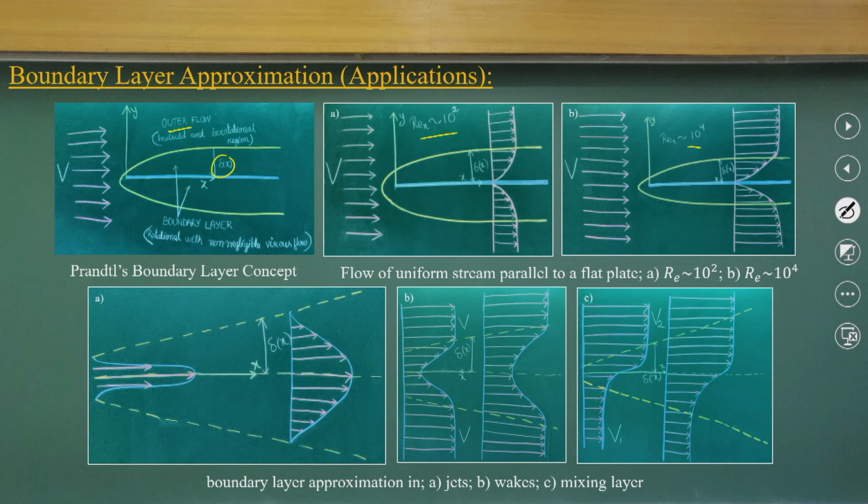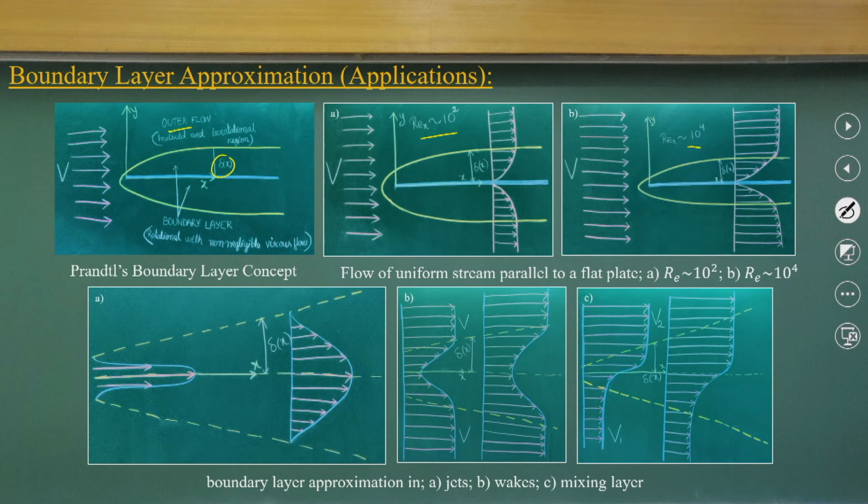For a higher Reynolds number, you can increase the velocity, because anyway if you increase the velocity you will have this. As the Reynolds number gets higher, these are the experimental findings, and analytically also we can get that trend.